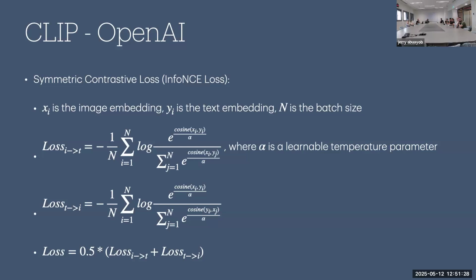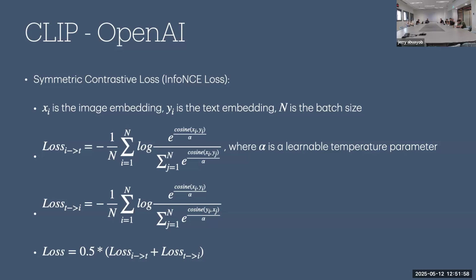And the loss from the text to the image, this over here is the same one, but they have different values. So these two loss functions are not the same. We get the similarity between the image and the text, and basically just the softmax. Oh, you don't see my cursor, sorry.